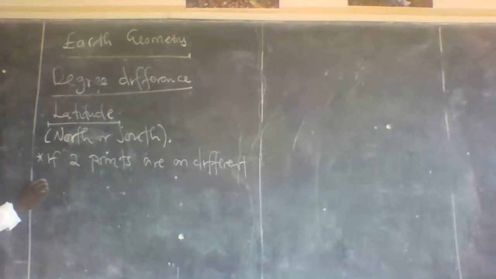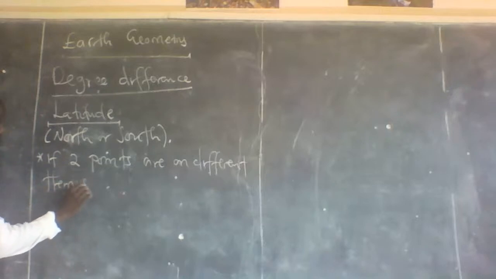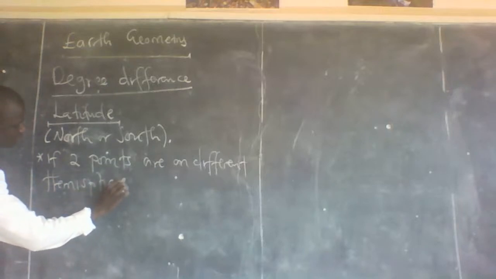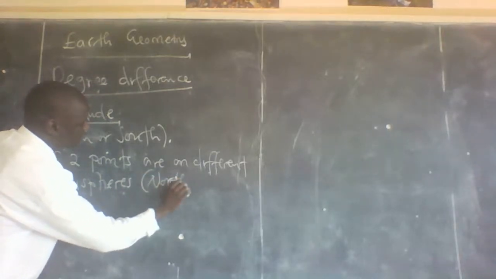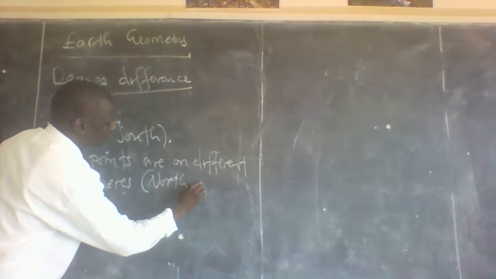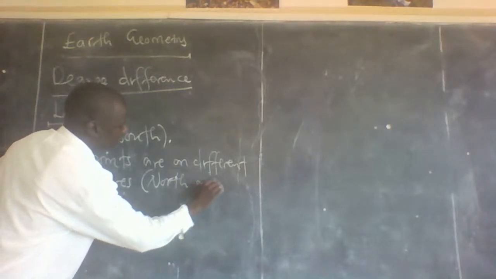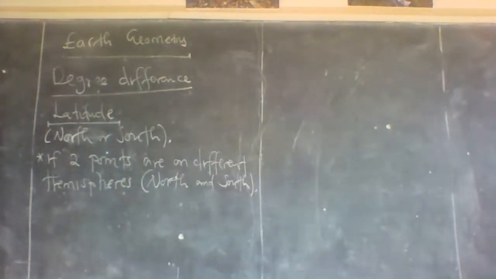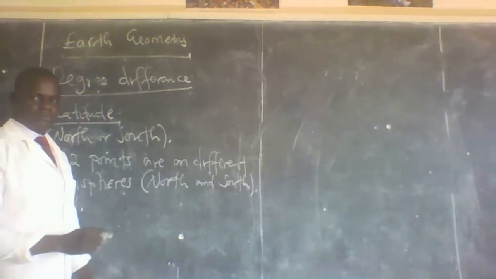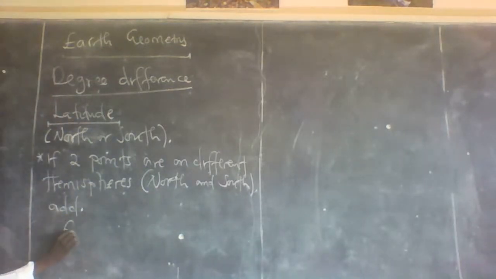So if different hemispheres, that means one on the north and the other one on the south. How do you find the difference between them? The difference is found by adding. So all you have to do is add. The good example that we can look at.